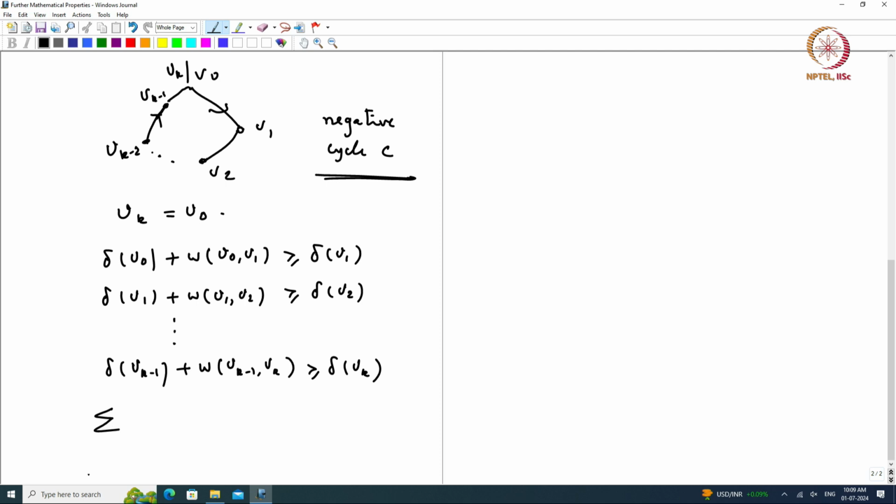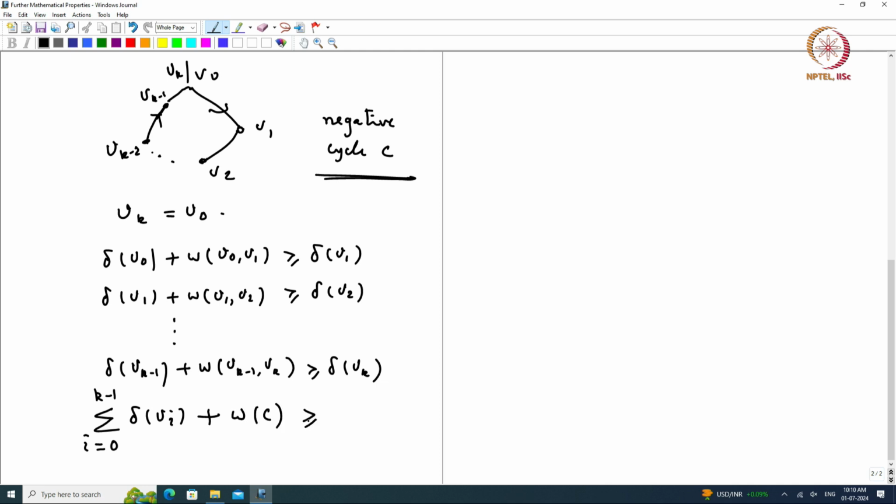Sigma i equal to 0 to k minus 1, because V0V1 is an edge of the cycle, V1V2 is an edge of the cycle. So, these are all the k edges of the cycle. The cycle has got k edges and the weights of these, therefore, this is the weight of the cycle C.